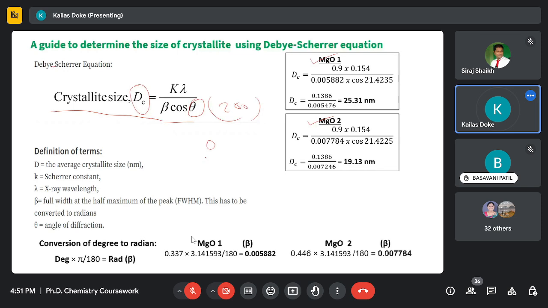Since we took the average, approximate lambda value, the approximate theta values, and the approximate K value, we got approximate D values. And those D values almost match the values from that research paper, 25.29 and 19.09.